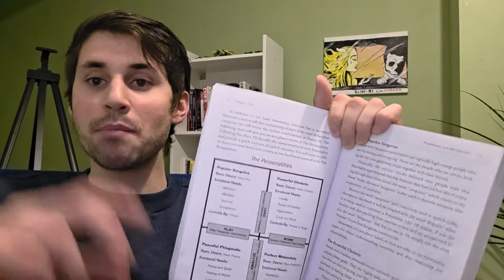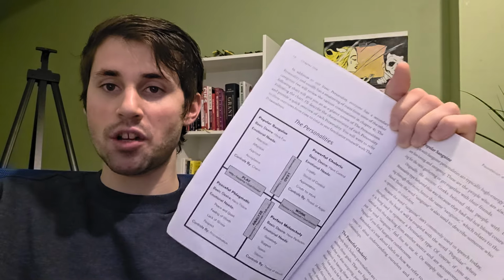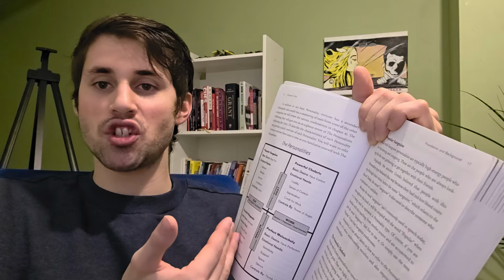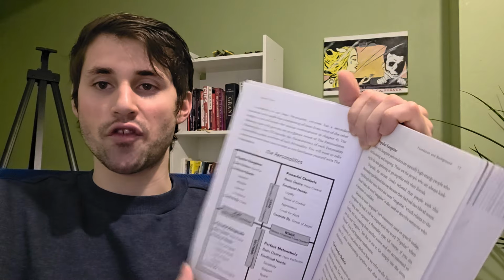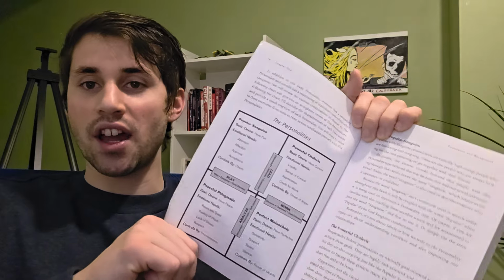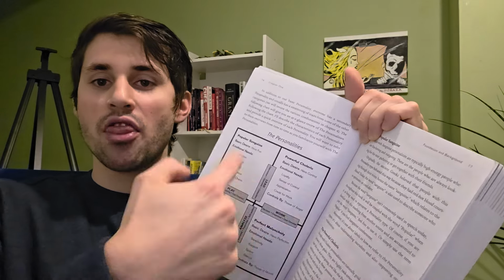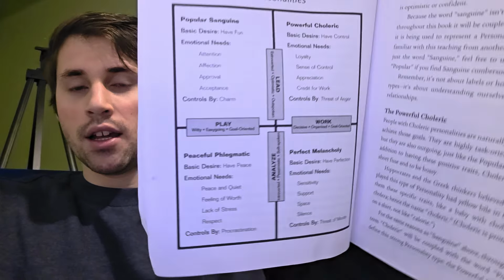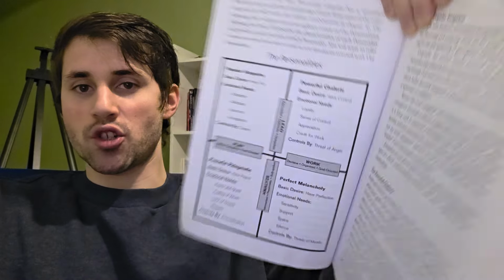The choleric and the melancholy are task-based, and the sanguine and the phlegmatic are going to be people or relationship based. So task and relationship based, extroverted, introverted. That's going to be kind of the way that you can categorize them. That's the way this square works. But you can screenshot that and just read that if you'd like. Otherwise, you can get the book. I'll put it in the affiliate link.